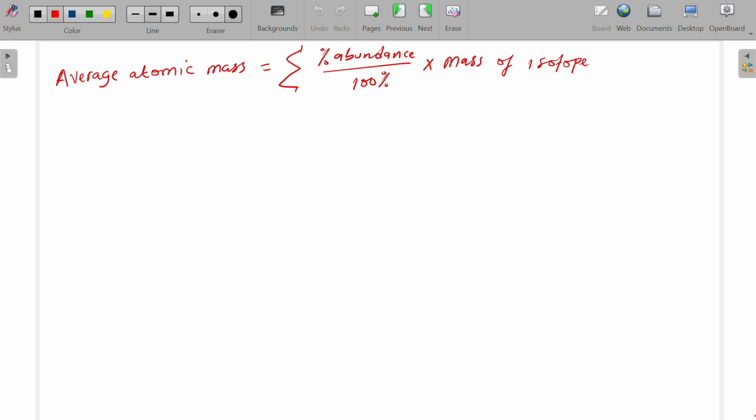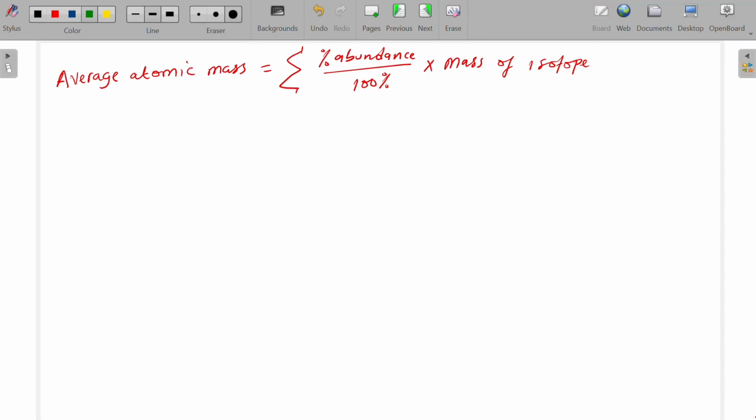In this case, we have three isotopes, so we use the sum of their percentage abundances divided by 100 multiplied by their individual masses. Now we're going to utilize this formula and find the value of X that is missing.